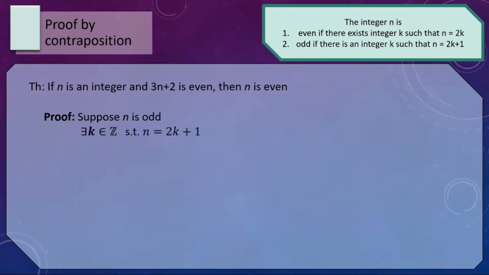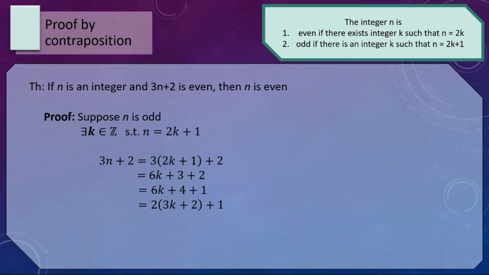If n is an odd number, by definition, there exists an integer, call it k, such that n is equal to 2k plus 1. So now I can substitute for that n the 2k plus 1. Do some algebraic manipulation, and I get that I can write 3n plus 2 as 2 times an integer plus 1. Thus, 3n plus 2 is odd, and we've done another proof by contraposition.